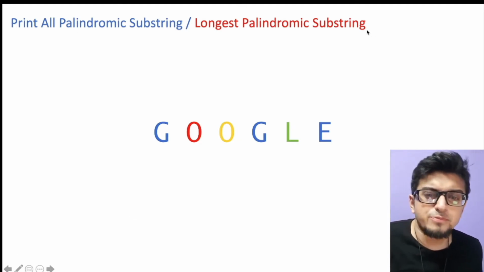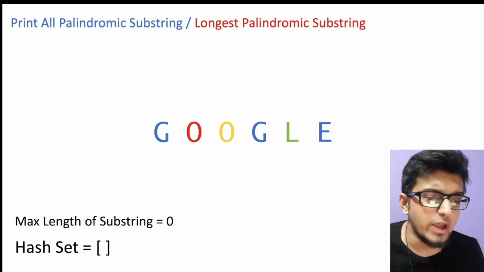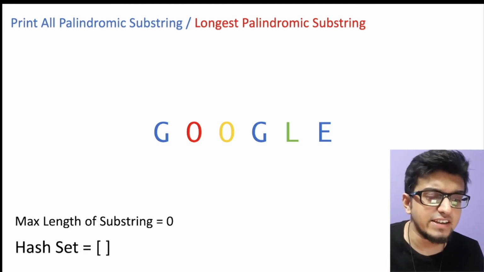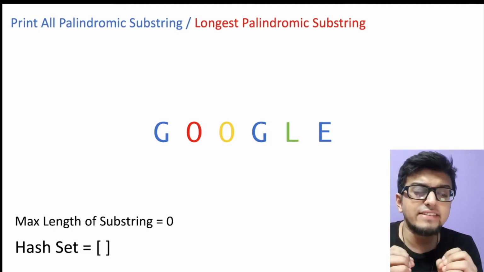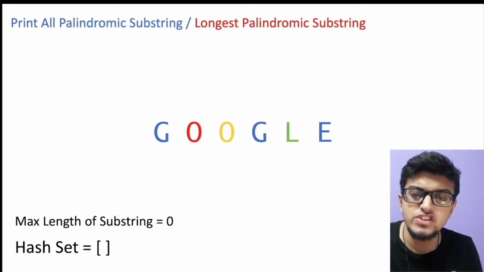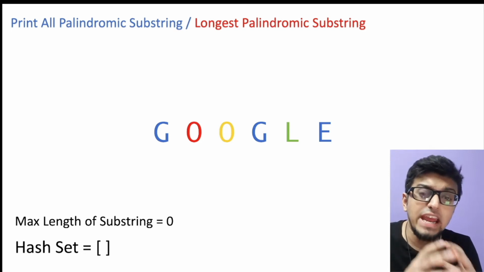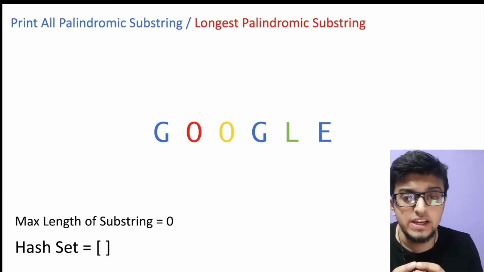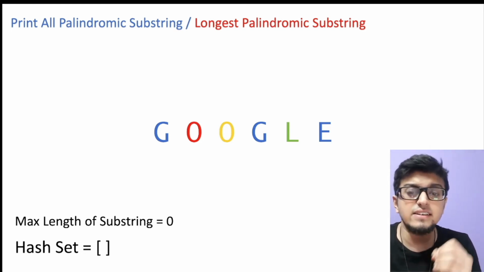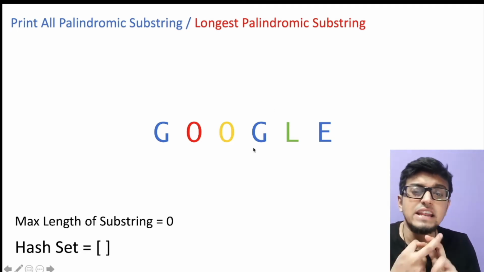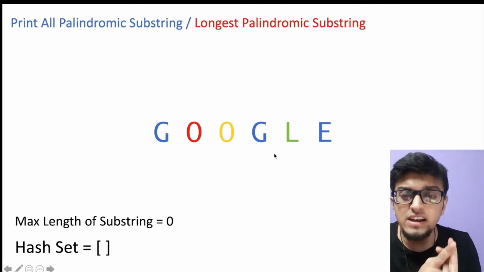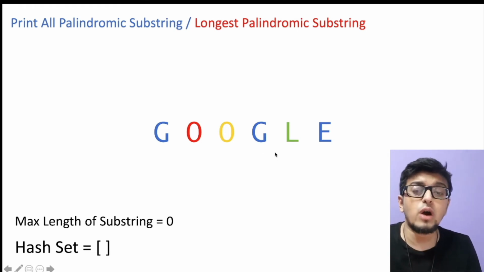To solve this problem in the most optimized way, we need an additional data structure, and that is a hash set. A hash set is nothing but a simple data structure which is used to store any data type without any duplication, which means that a hash set doesn't contain any duplicate value within itself. So if I insert 2 a's within a hash set, it will only store a single a.